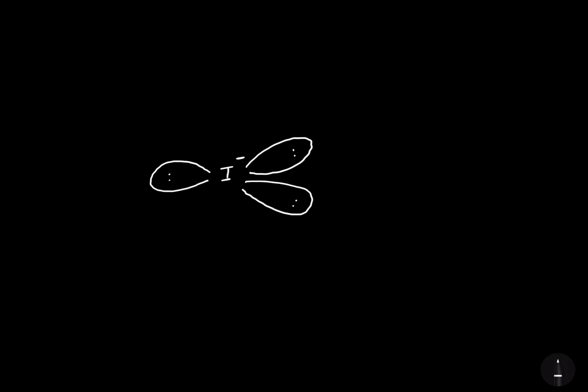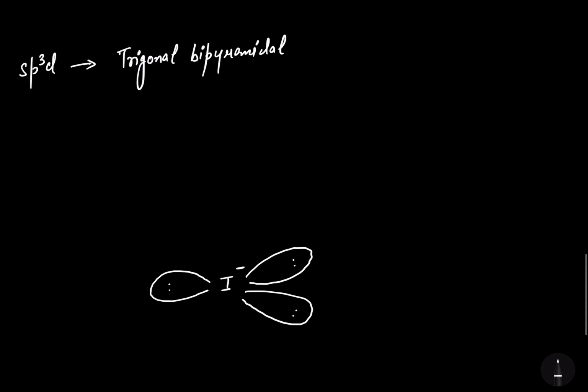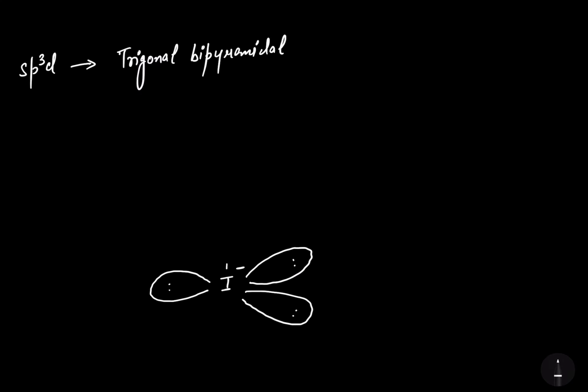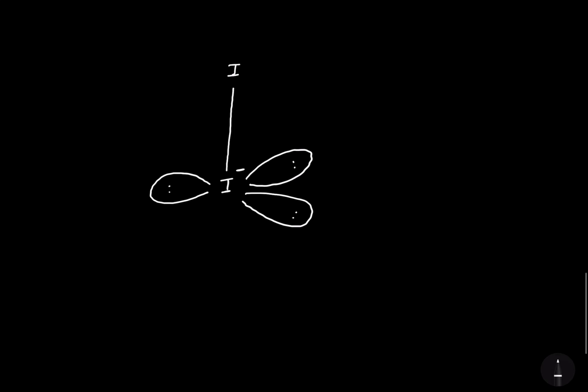Now, this middle iodine is making sigma bonds with the another 2 iodine. Let's mark them now. That's the first iodine, and that's the second iodine. For simplicity, I am just imaginarily linking these lone pairs for the better understanding of the structure in the 3 dimensions. So that's the structure of tri-iodide ion.